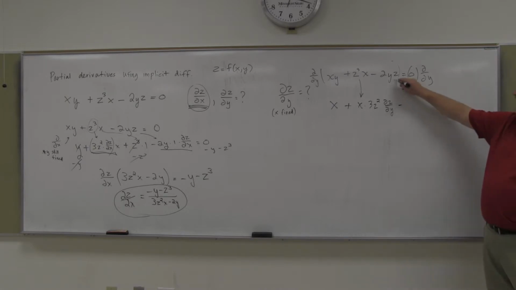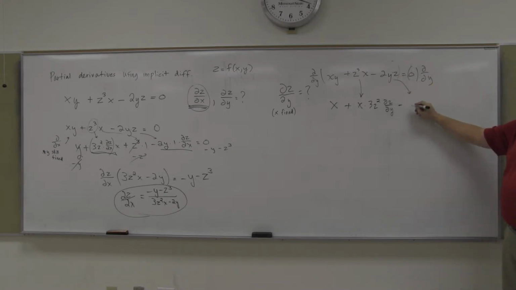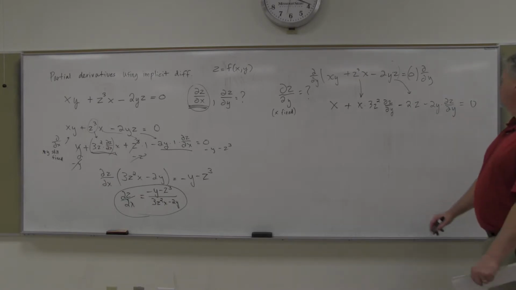And then, last but not least, that one is going to be product rule because I've got y and z. So the derivative of minus 2y would be minus 2, leave the z alone, and then the minus 2y times the partial z with respect to y, equals 0. So it sort of looks like the other one, but a little different.